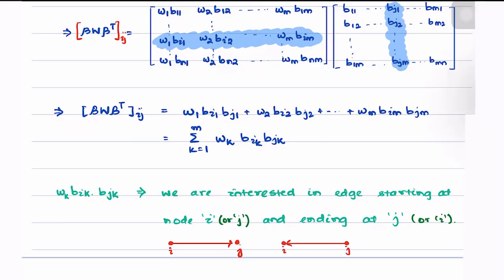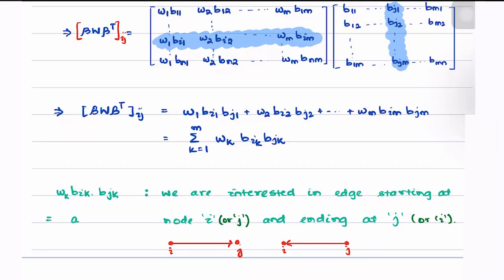So what we're trying to figure out is that the only way this product here is non-zero is if either there is an edge from I to J or an edge from J to I, in which case this term is equal to WK, which is nothing but the edge weight.